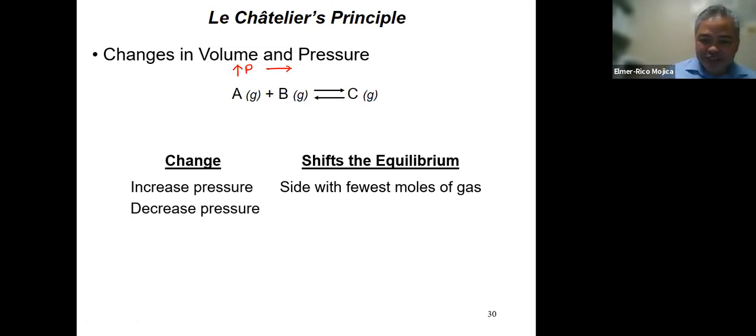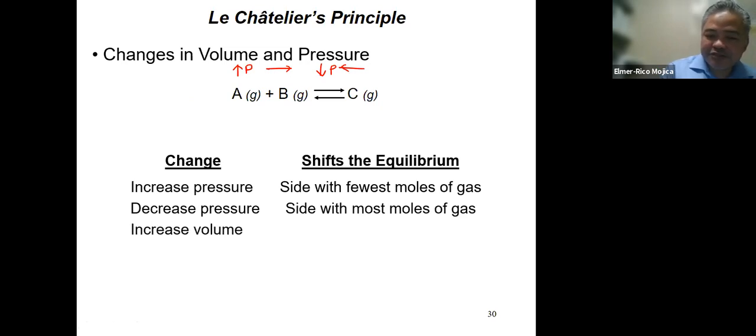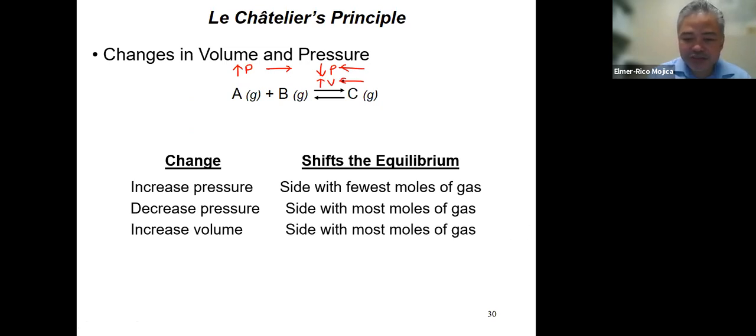Now, if you decrease the pressure, it will be the other way around. In terms of volume, if you increase the volume, that corresponds to a decrease in pressure, so it goes to the side with the most moles of gas.